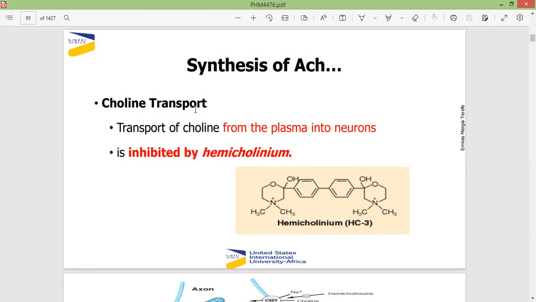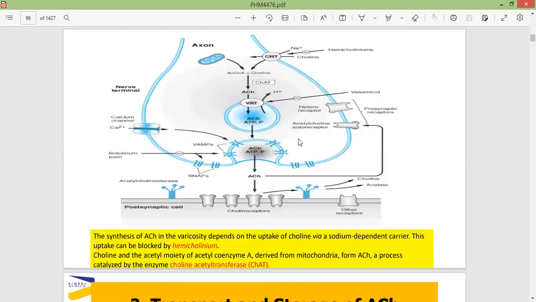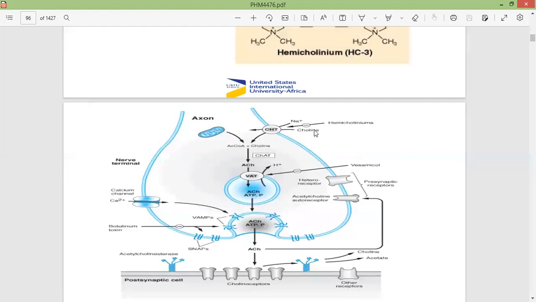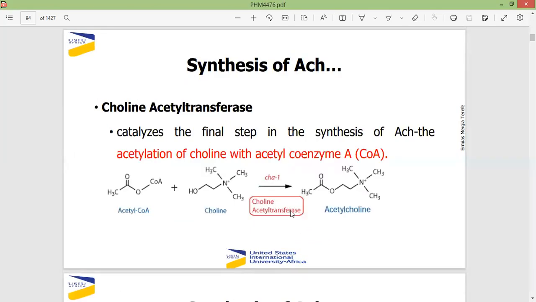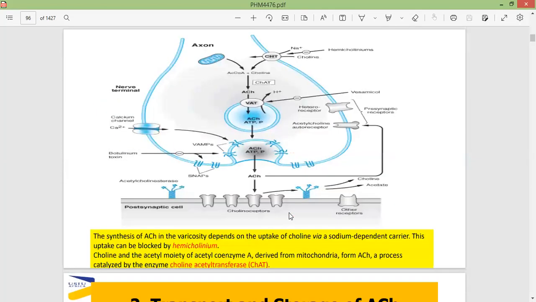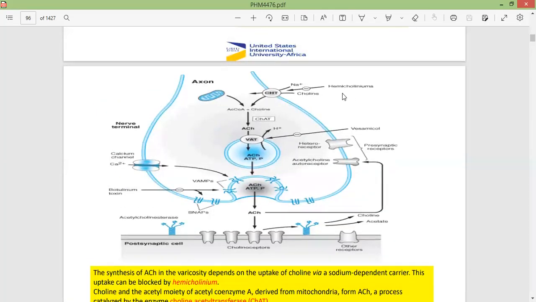Drugs already here, we're talking about drugs. For example, a drug such as hemicholinium can hinder the transport of choline from the plasma into the neurons. So here it is. Remember, choline, here it is. In the neuron, we have acetyl-CoA and choline being acted on by the enzyme choline acetyltransferase, and this choline is coming from the blood.